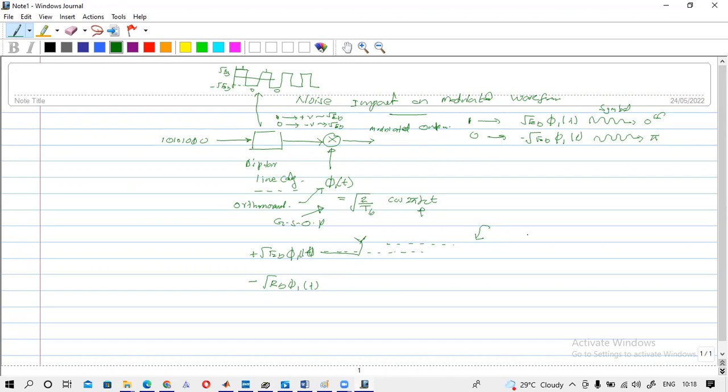Let's say your signal is plus or minus root TB cos(wt), so your transmitted signal will be plus or minus root TB cos(wt). This is an RF signal, an RF frequency, and you are sending this signal through air.